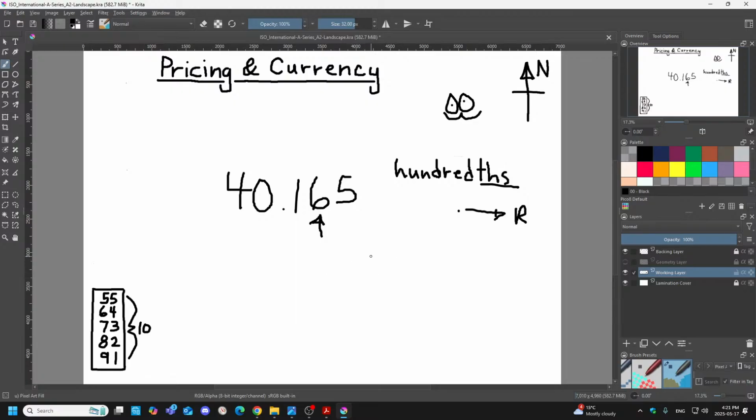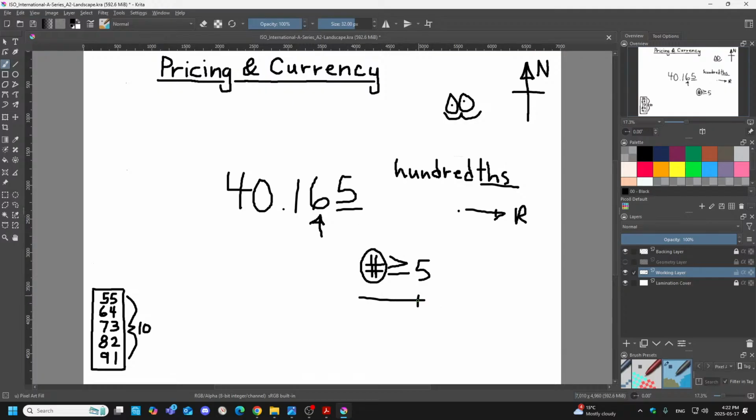If the number here is greater than or equal to 5, the rule is round up.